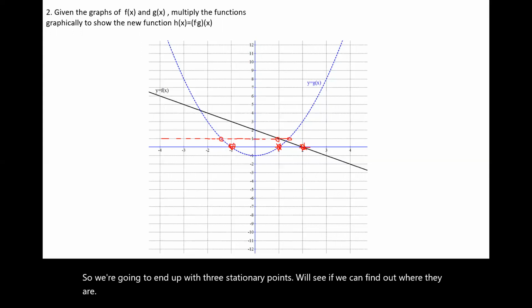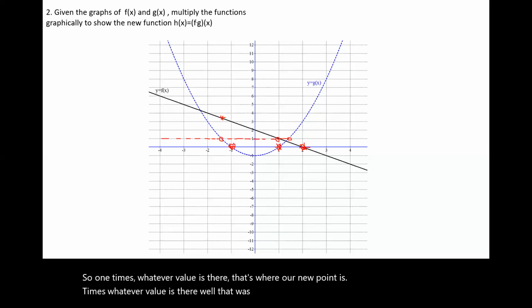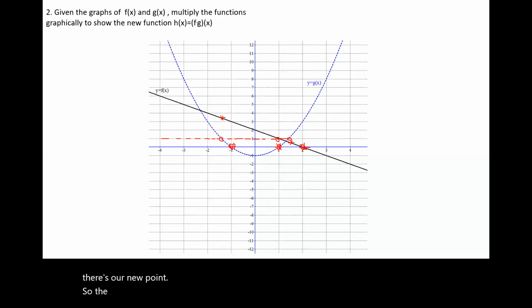So 1 times whatever value is there, that's where our new point is. 1 times whatever value is there, well, that was our x-intercept. 1 times whatever value is there, there's our new point. So the point on the other function does not move because it got multiplied by 1.